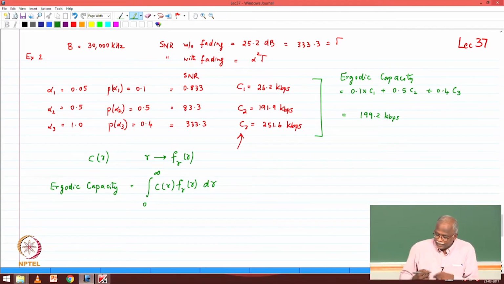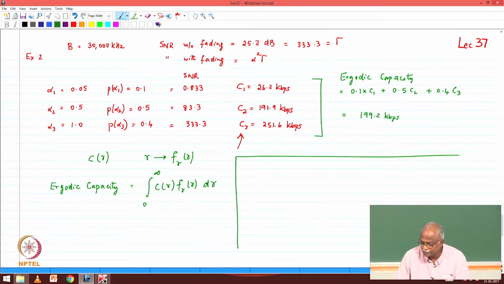Now it's very interesting for us to do a very similar calculation. The question that we are going to ask is, what is the average SNR of this particular channel? So basically gamma will be 0.1 times gamma 1 plus 0.5 times gamma 2 plus 0.4 times gamma 3.